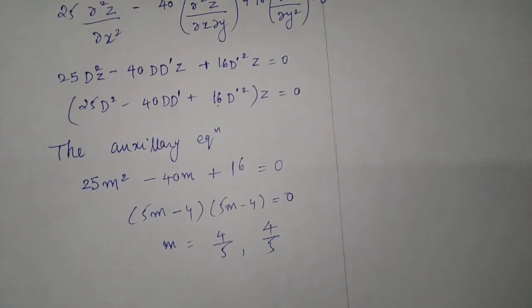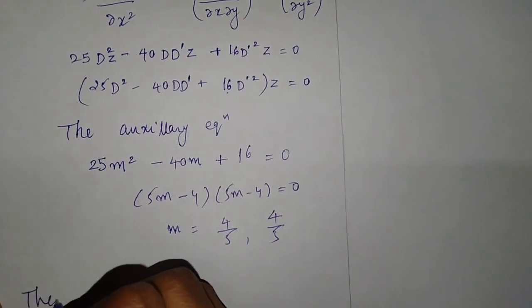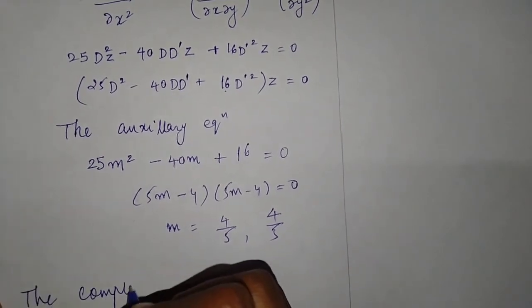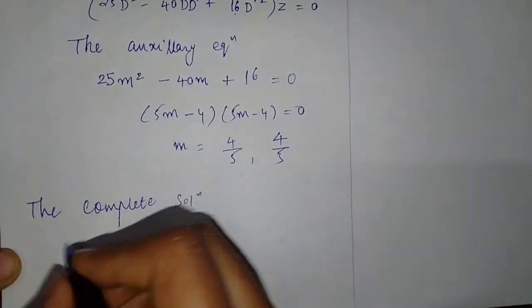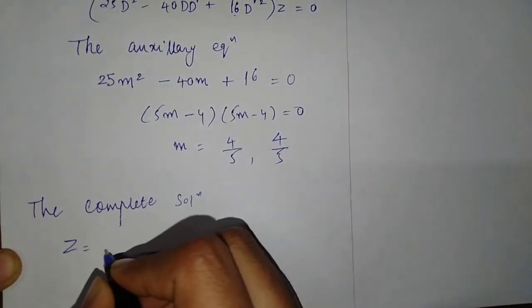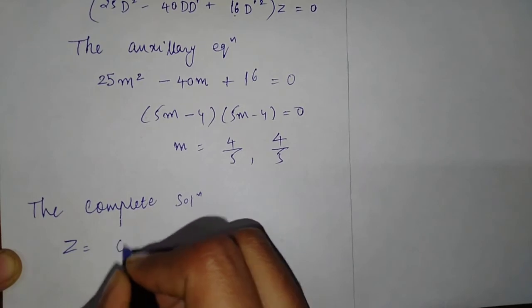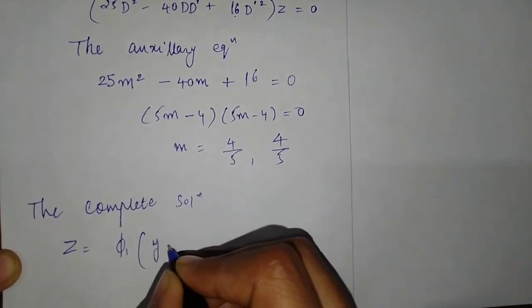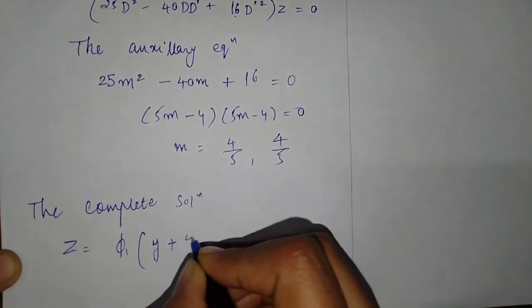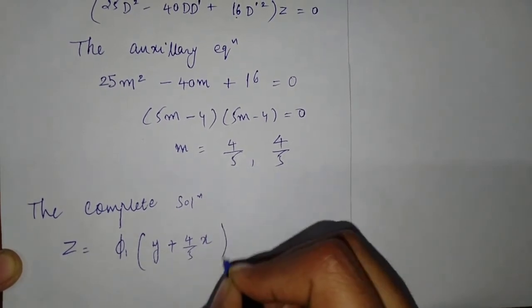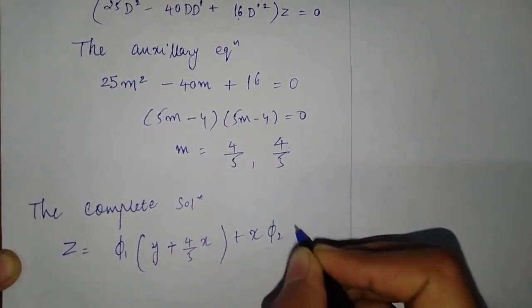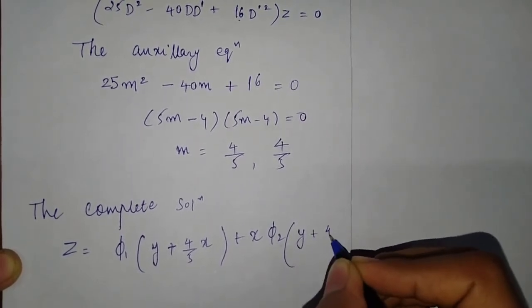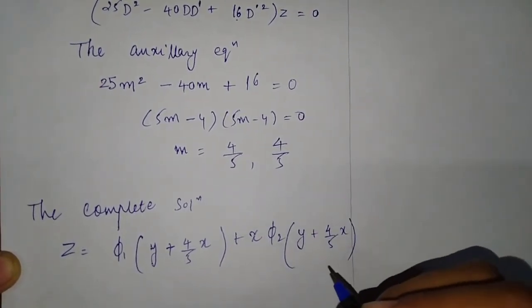So according to case number 2, the complete solution will be z equal to phi1 into (y plus mx), that is 4 by 5 x, plus x into phi2 into again (y plus 4 by 5 x).